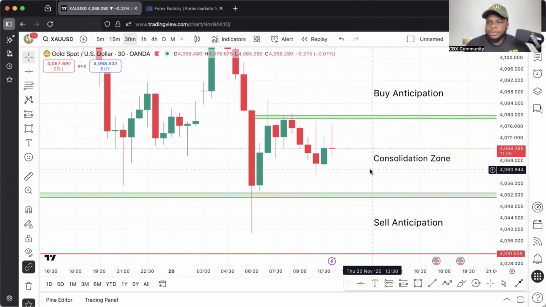Since it's London open, let's see how the candle will close.